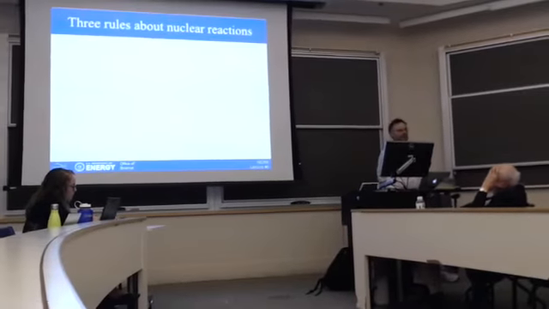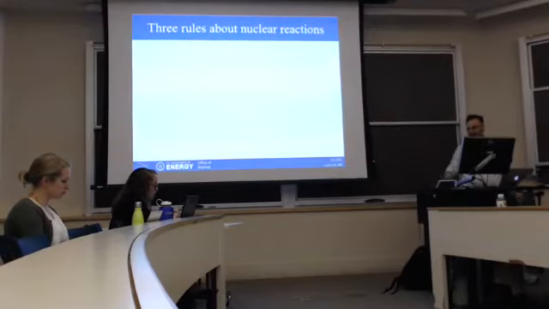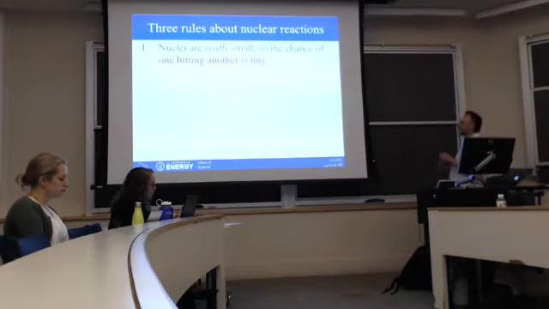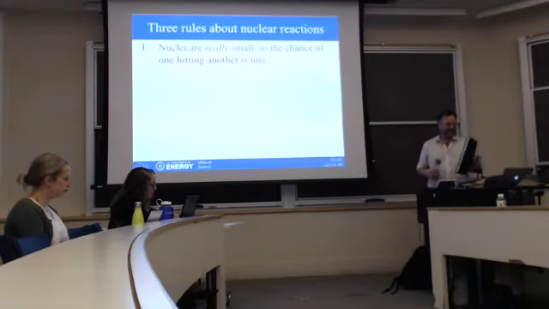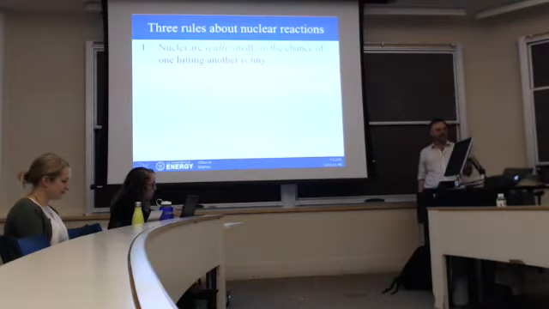So there are three rules that you need to keep in mind about nuclear reactions with respect to this course and everything that we would cover here. Rule number 1: nuclei are really small. So the chance of one hitting another is tiny. I know that this sounds ridiculous stated in this way, but it really is important. When you take two different chemical reactants and put them in a test tube and shake them up, you might die.